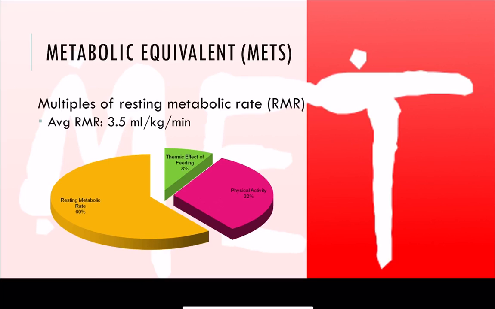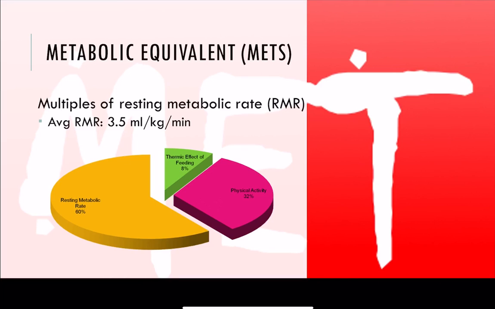So someone came along with this idea of what if we convert it into something that's much more user-friendly? And they came up with metabolic equivalents. Metabolic equivalents are multiples of your resting metabolic rate.